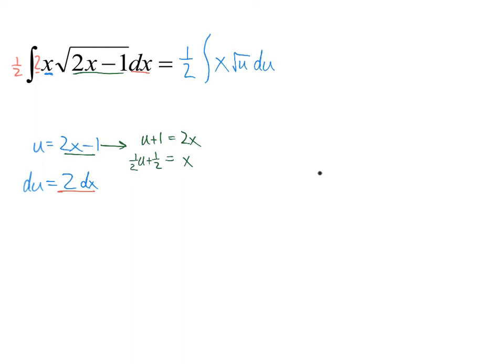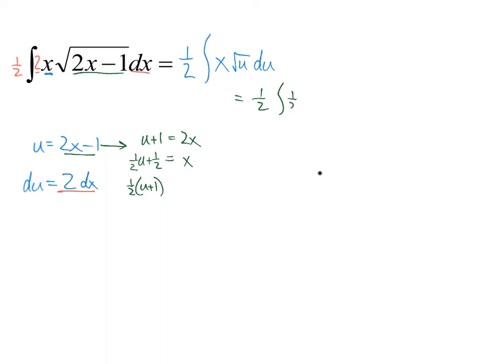Now, will this always work? No. Sometimes, even after we do this, we'll get stuff that you still can't integrate. But in this case, the nice thing is we have 1/2 integral, and I'm actually going to rewrite this as a 1/2 times u plus 1.